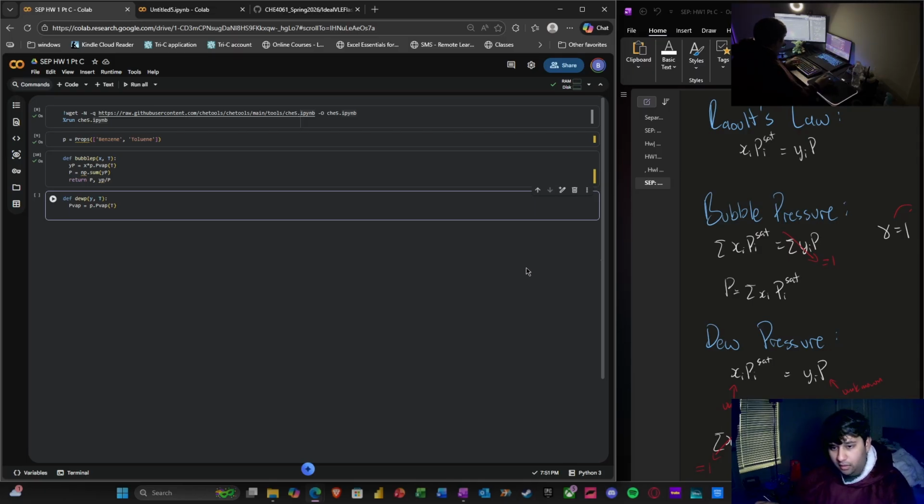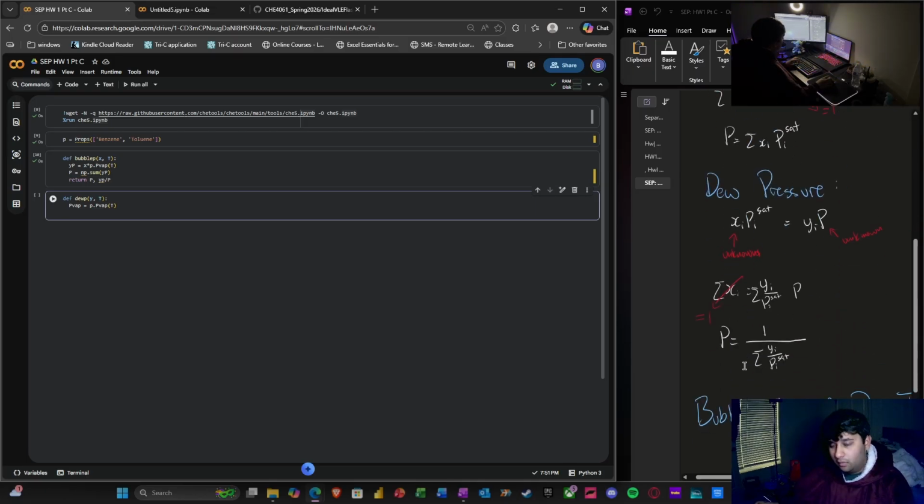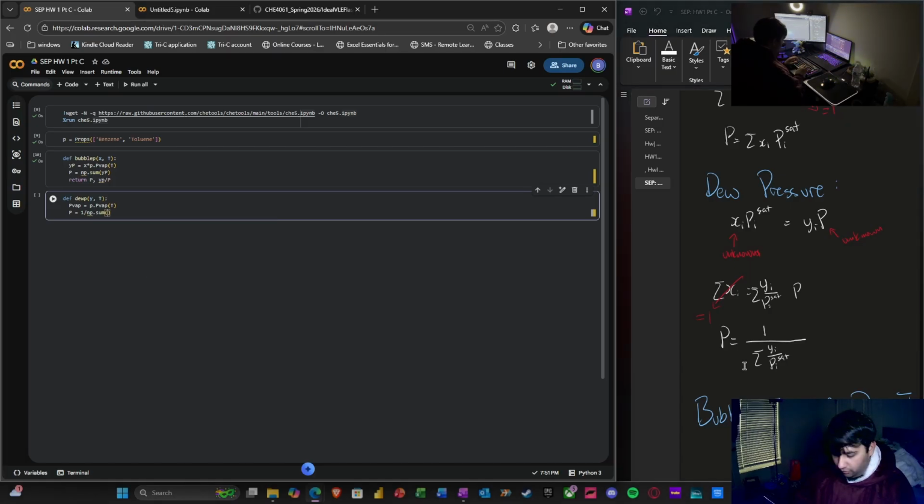And then we're going to define p equals 1 divided by np.sum of y times p divided by pvap.